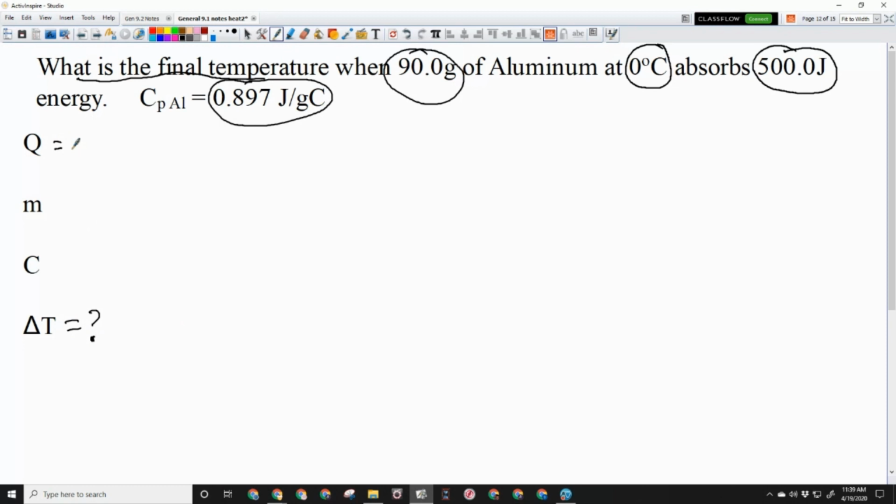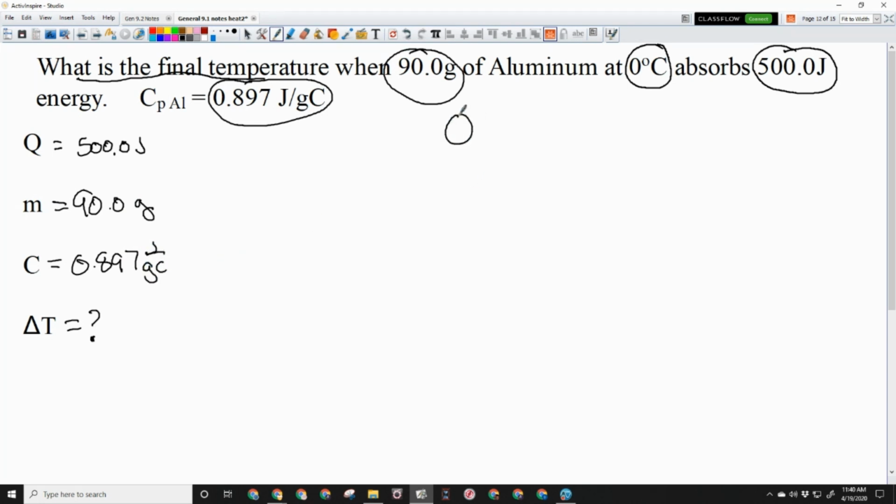So we're given a Q. Q is heat, 500 joules. We're given a mass, 90 grams. And we're given the specific heat, the C of aluminum, 0.897 joules per grams degree Celsius.